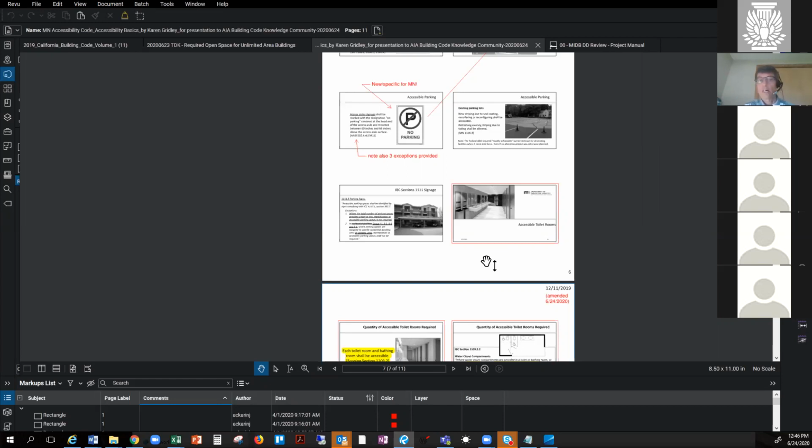And I know in our building code knowledge community, we had lengthy conversations about that because we have folks who are also part of our building code plan reviewer for the city of Minneapolis. And that comes up. And the way that we're addressing it is based on how other chapters or other codes are now defining these spaces.